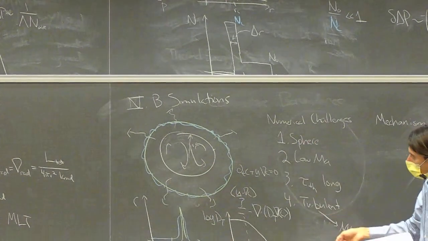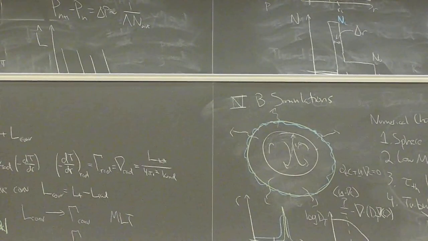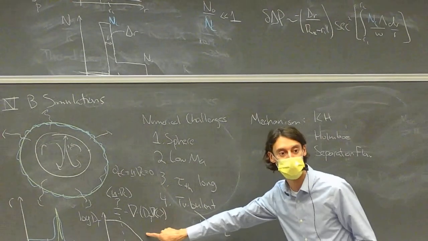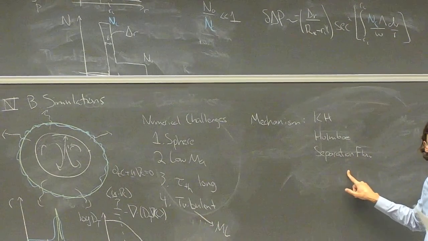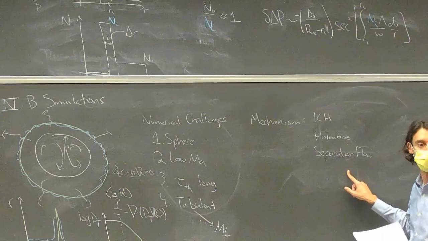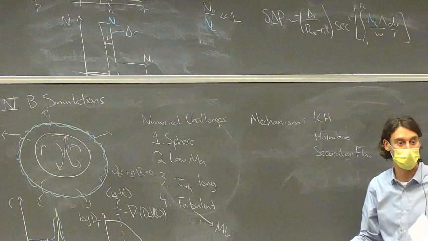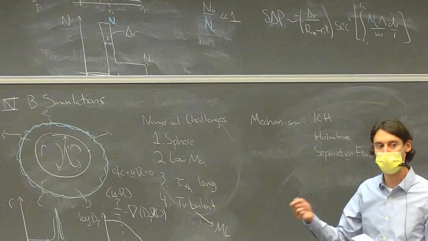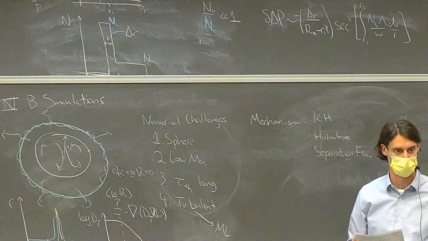Some people are running simulations with rotation, and some people haven't yet. If we could understand where this comes from in the non-rotating case, and we have a physical mechanism, it might help you have a better idea of what to expect in the rotating case. And then also, these stars are magnetized plasmas with very high conductivity, and because of that, the magnetic fields can also change everything that's happening.